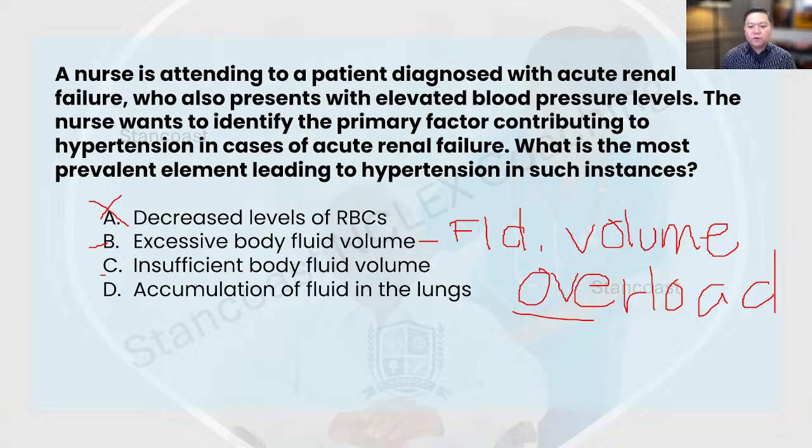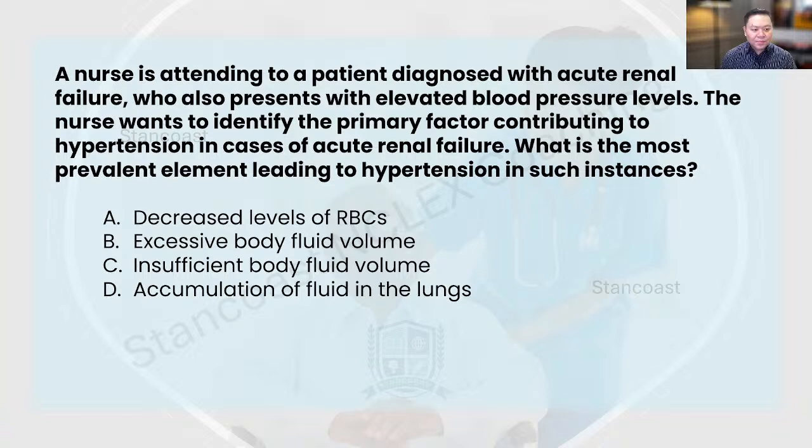Insufficient body fluid volume. Remember that we are in acute renal failure, with hypertension. Well, the oliguric phase is characterized by fluid overload. So we're going to scratch this, remove that. This is going to be found in a patient in the diuretic phase, not in the oliguric phase.